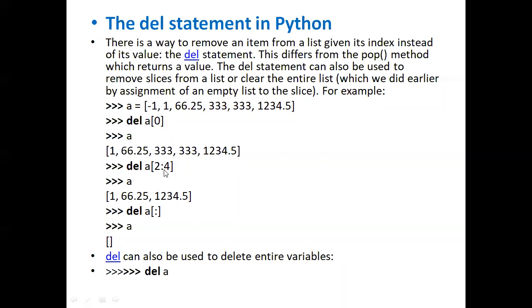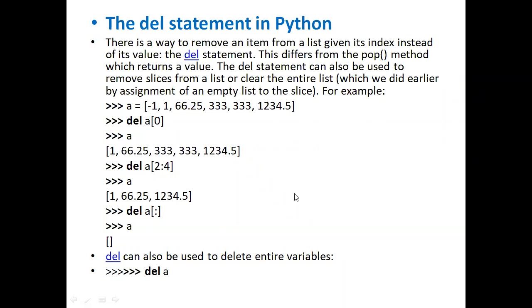Next, del A colon means the total elements from the list will be deleted. You can execute either del A colon or directly del A also. So with the help of the del statement, we can remove a Python object.